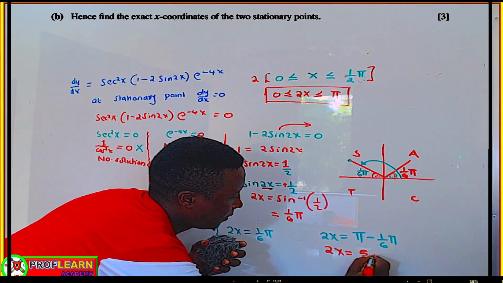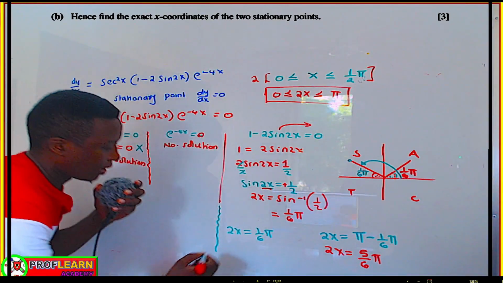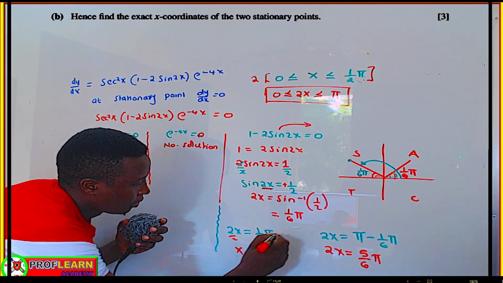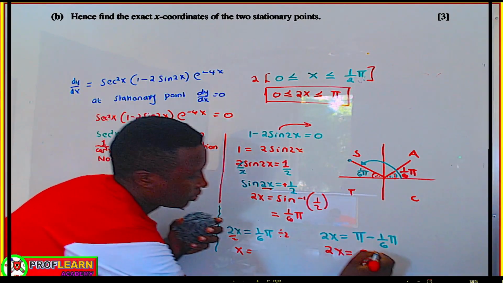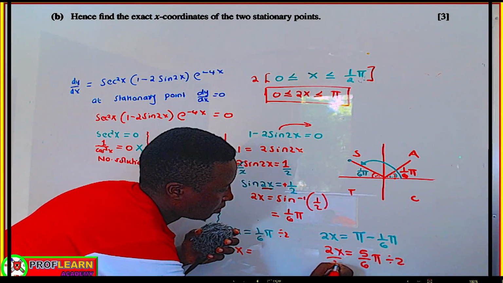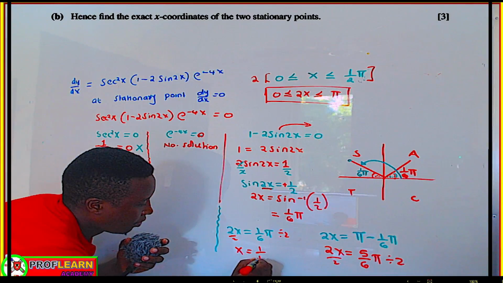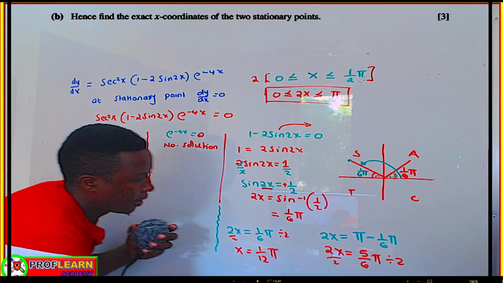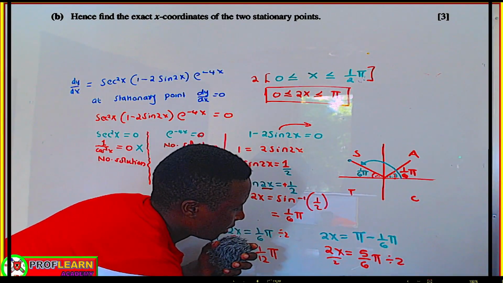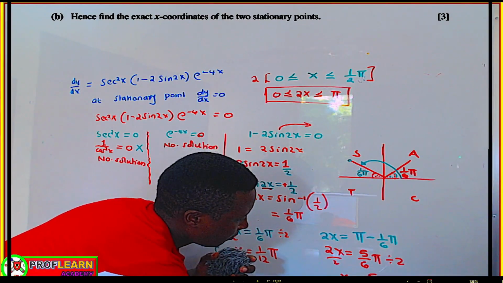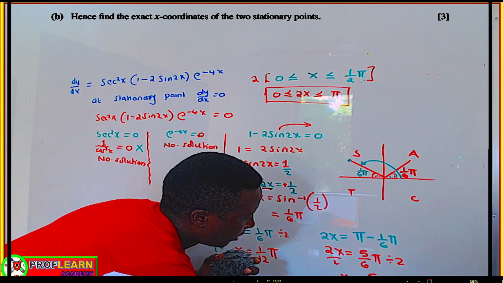For us to get x, we are going to divide this by 2, and also divide this by 2, so that we have x is equal to 1 over 12 pi, and the other one is x is equal to 5 over 12 pi.